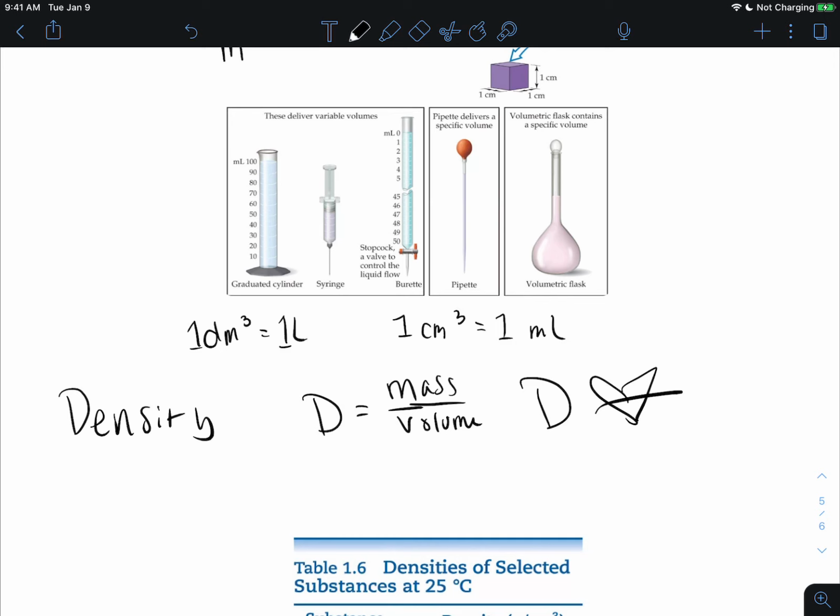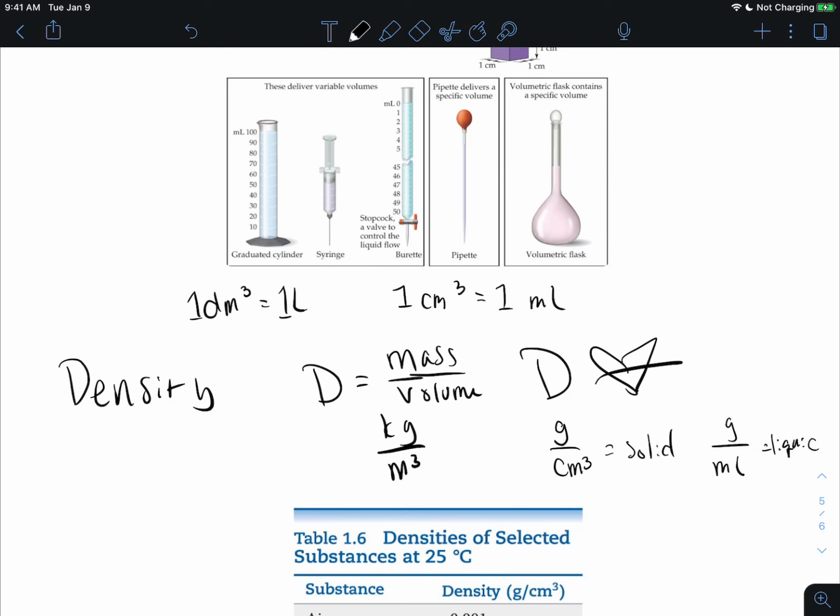It's going to have a derived SI unit, but we don't usually use the derived SI unit, as the derived SI unit here would be kilograms over meters cubed, which is not a very useful unit. We generally use grams over centimeters cubed if we're talking about a solid, or grams over milliliter if we're talking about a liquid. And because 1 centimeter cubed is equal to 1 milliliter, these are equivalent to each other.